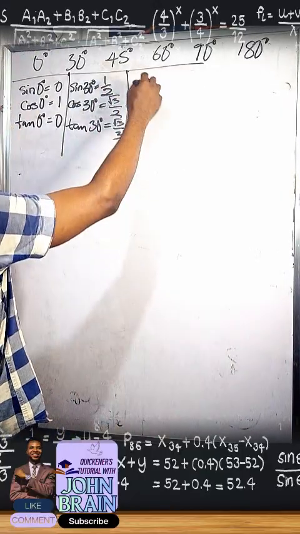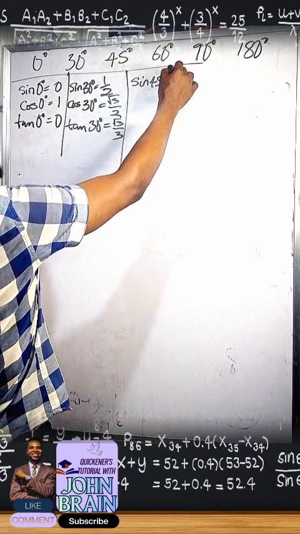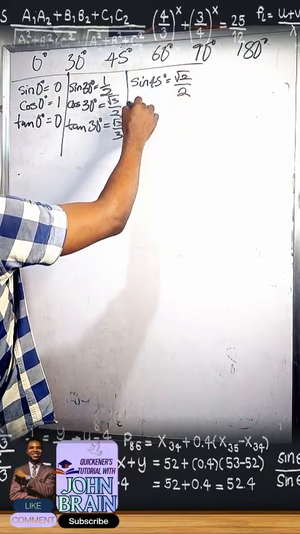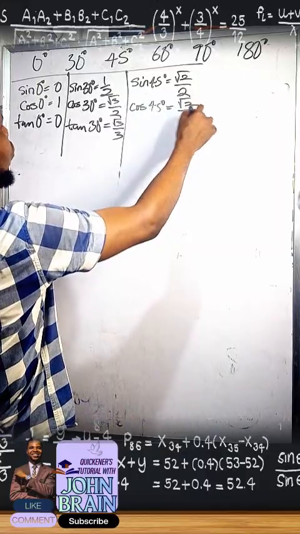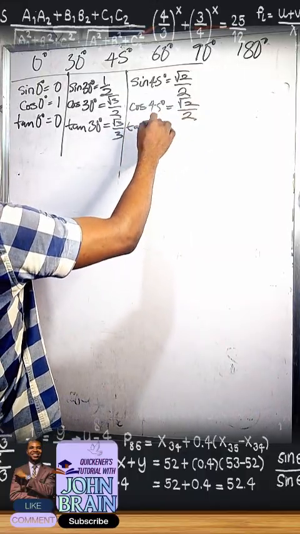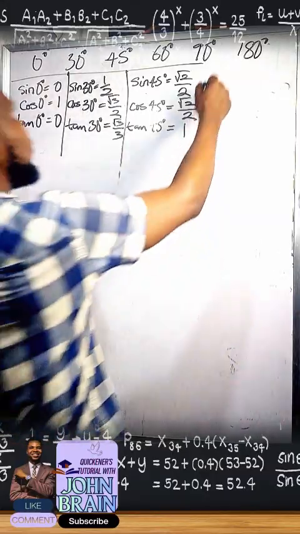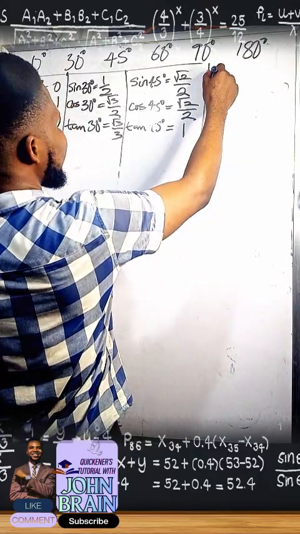Now let's go for 45 degrees. Sine 45 degrees is root 2 over 2. Cos 45 degrees is root 2 over 2. Then tan 45 degrees is 1. Take note of that, alright? So let's go to 60.